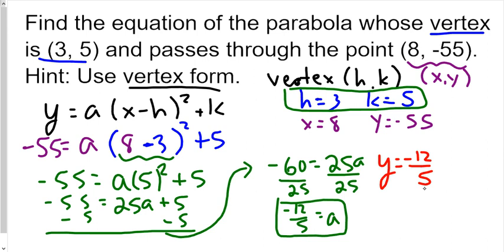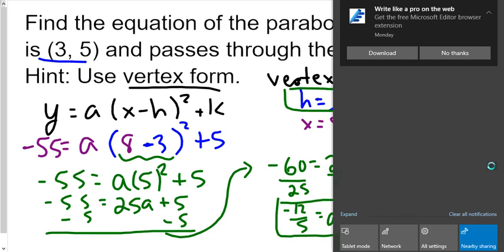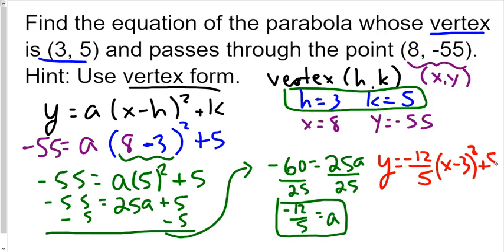Solve for a and use h and k and the new a value found for your equation. So it's x minus h, which is 3, squared, and then plus 5. Sorry. So this is going to be our equation. And that's how you do it.